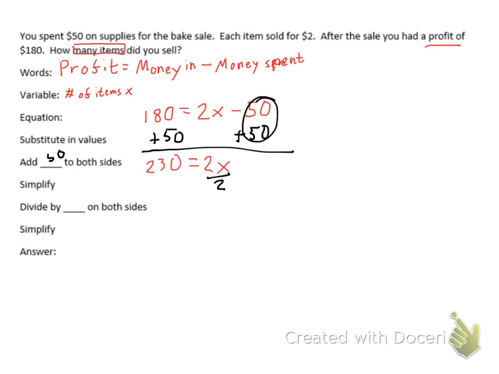So we take our $230, divide it by $2 for each item, and that tells us we'd have 115 items. So we sold 115 items for $230, but we spent $50 in making it. That gave us our profit of 180. So that is our answer, 115.